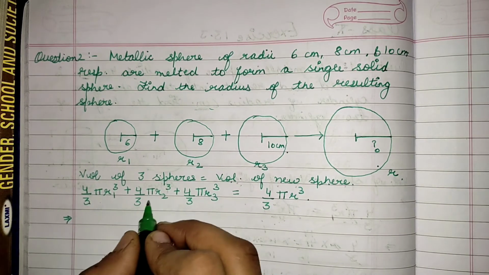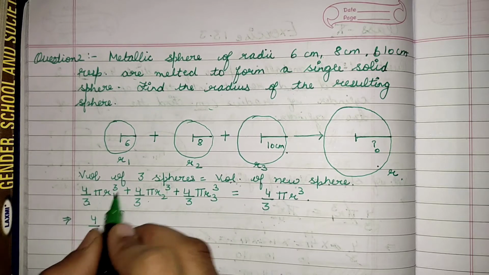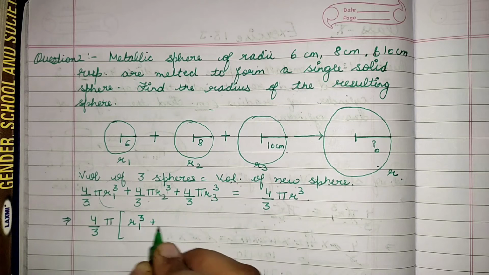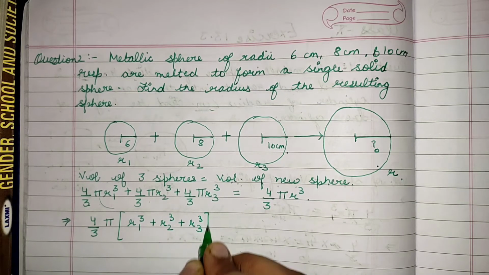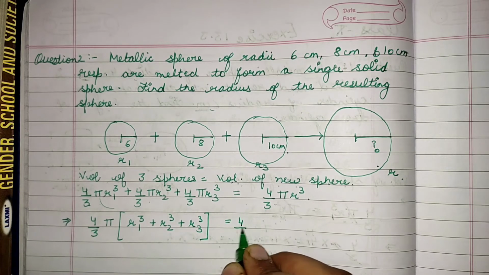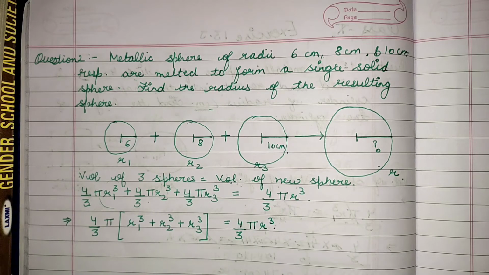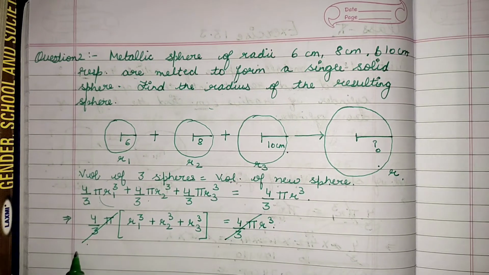Now you can see that 4 by 3 pi can be taken out common from all these three. Inside the bracket it will be r1 cube plus r2 cube plus r3 cube is equal to 4 by 3 pi r cube. So 4 by 3 pi and 4 by 3 pi will get cancelled out.